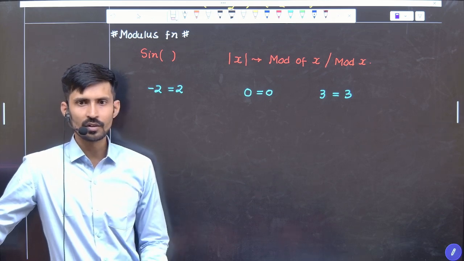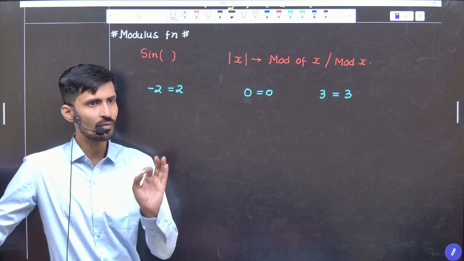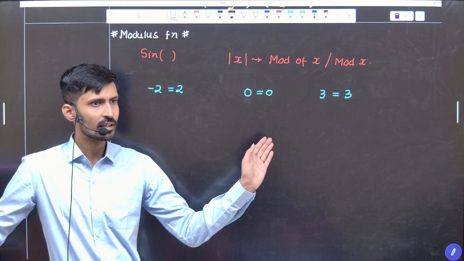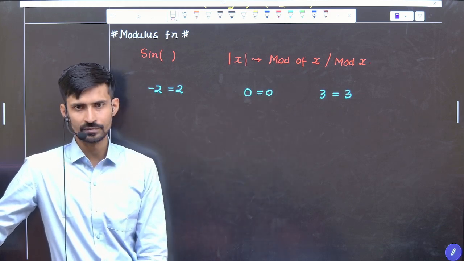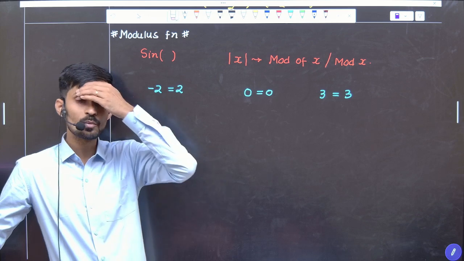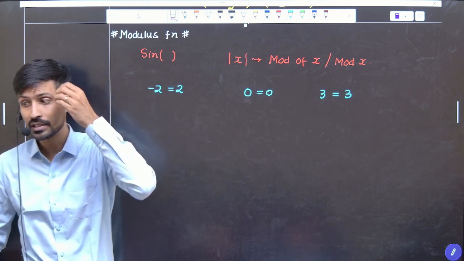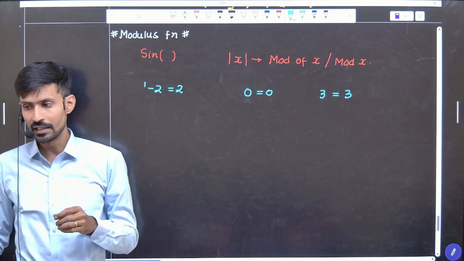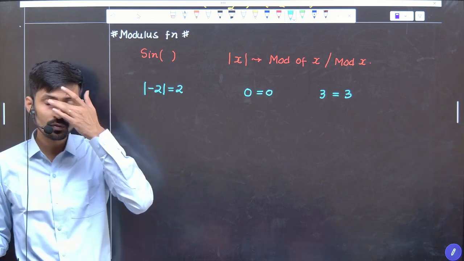So what we are learning here, from a positive expression, we can remove our modulus directly. Nothing will be changed. It will give you the same thing. But from a negative number, we cannot remove our modulus directly. Now the question is, sir, if the number is negative and I want to remove modulus, how will I remove it?